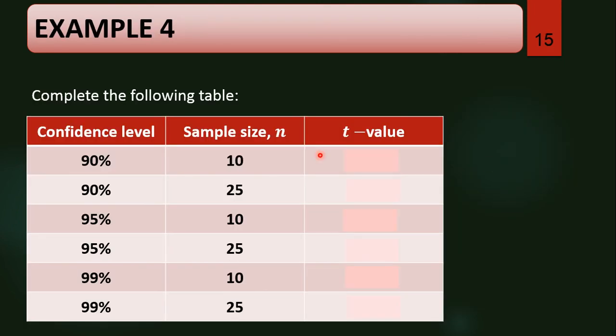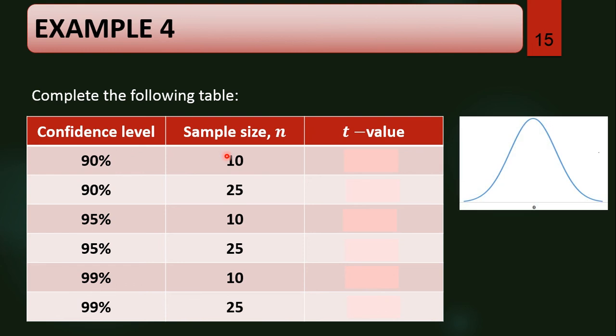Then, for example, you have here confidence level 90% with a sample size of 10. Your T curve will be a bell curve. Confidence level is 90%, meaning to say that the area at the middle surrounding 0 here is 90%. So the remaining is 10%, meaning to say that it will distribute equally to the right and left.